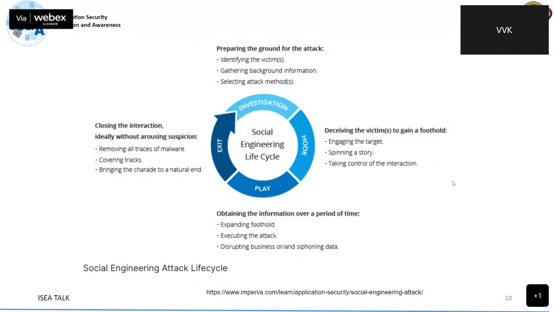Then they get connected to the target or the victim and engage the target. They start spinning a story and take control of the interaction. Then they obtain information for a given period of time. Then they start executing.